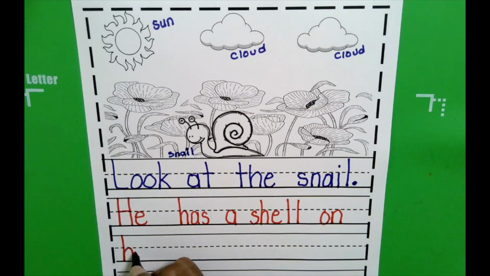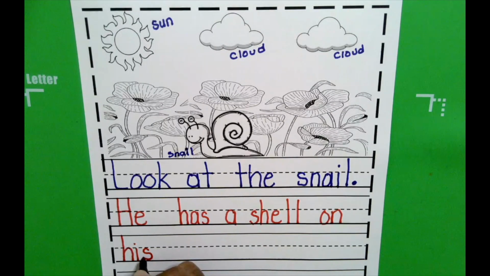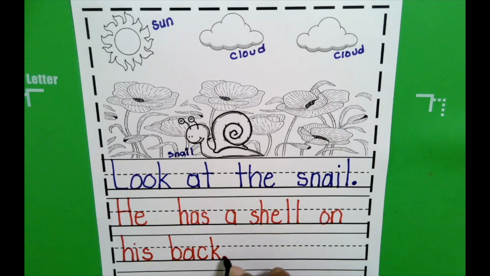And notice on this line, it has a lowercase h, because this is not the beginning of the sentence. This is a continuation of the sentence. He has a shell on his back. Okay, He has a shell on his back.